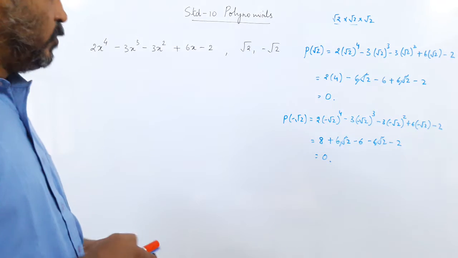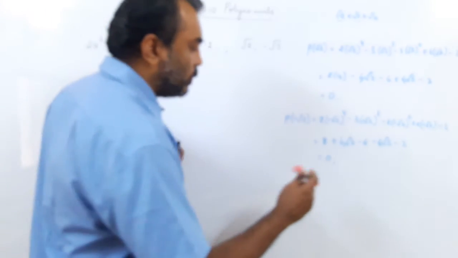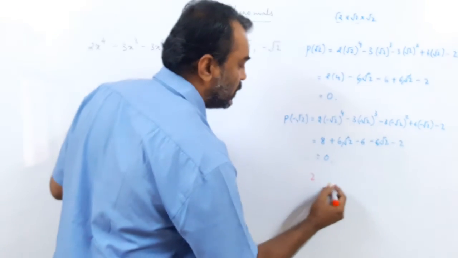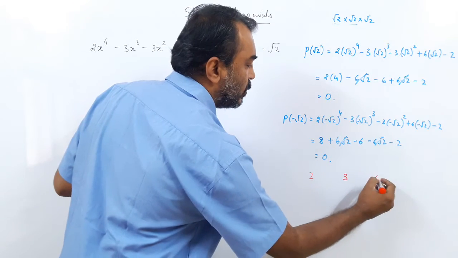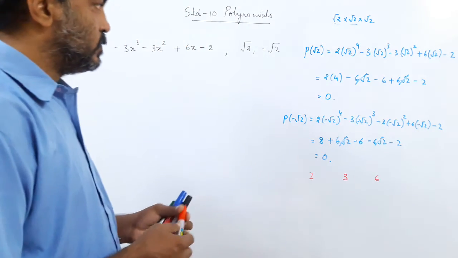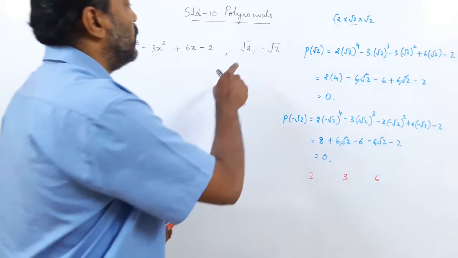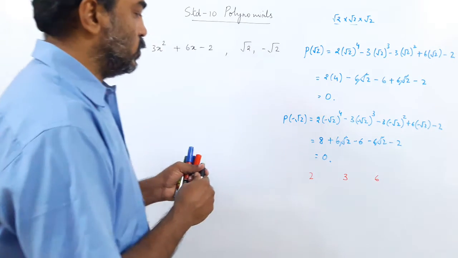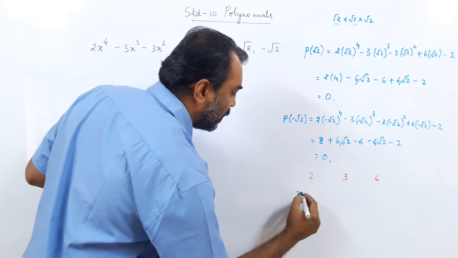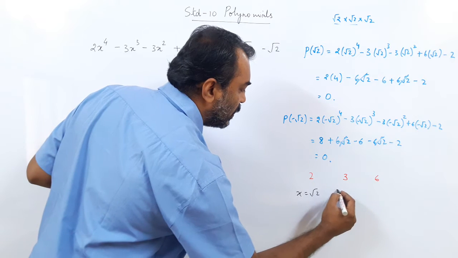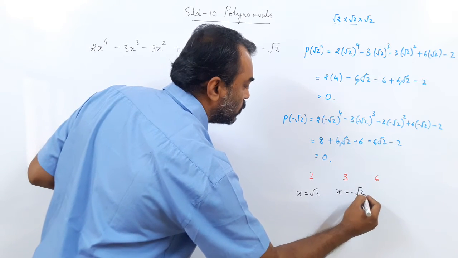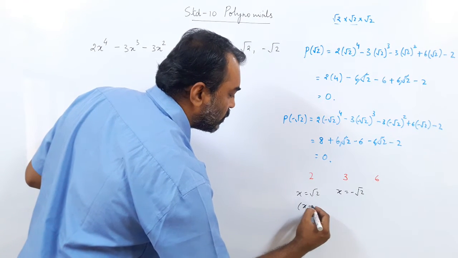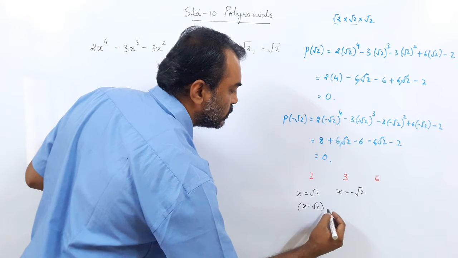Now like I told you before, a number which is divisible by 2 and divisible by 3 is also divisible by 6. In the same way, consider root 2 and minus root 2. We have x equal to root 2 as one root and x equal to minus root 2. So we get x minus root 2 is 0.